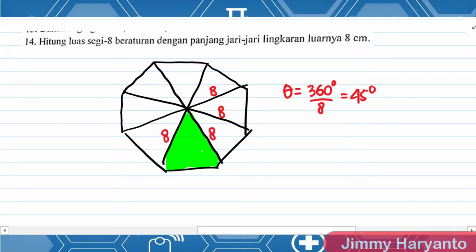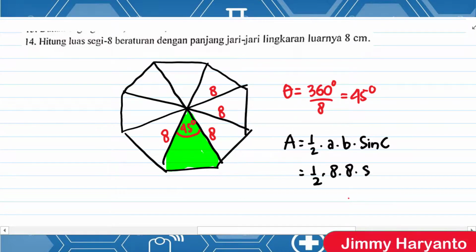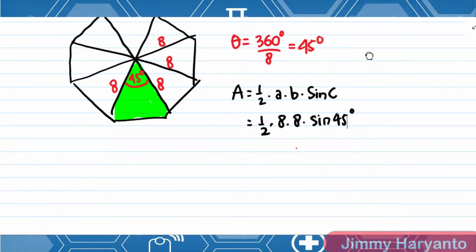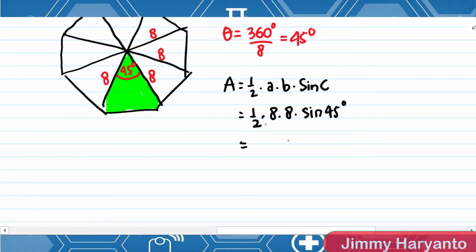You have 8 and 8, with 45 degrees between them. The area is half times a times b times sine C, which is half times 8 times 8 times sine 45 degrees. That equals 32 times square root of 2 over 2, which equals 16 square root of 2 centimeters squared.